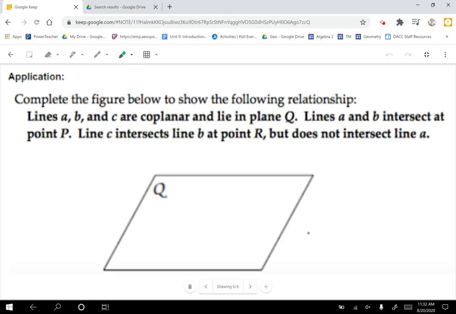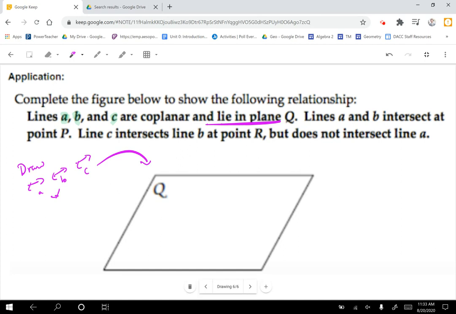All right, so lines A, B, and C. So I know that I need to draw 3 lines, A, B, and C. They're in plane Q, so I need to draw them here. Lines A and B cross at point P. So I'm going to say that these cross.